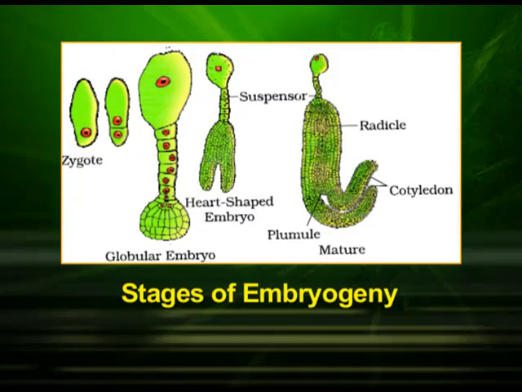Though the seeds differ greatly, the early stages of embryo development, which is called embryogeny, are similar in both monocotyledons and dicotyledons. Here in this figure, you can observe the stages of embryogeny in a dicotyledonous embryo. The zygote gives rise to the proembryo and subsequently to the globular, heart-shaped and mature embryo.